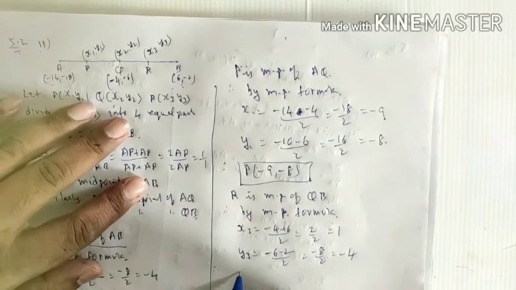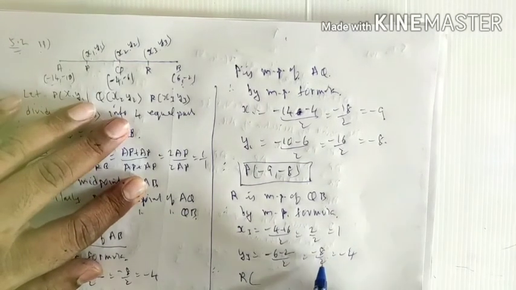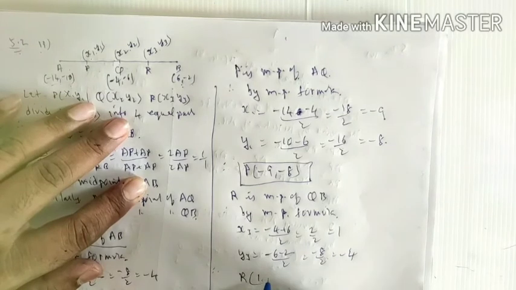Therefore, coordinates of R we got how much? 1 comma minus 4.